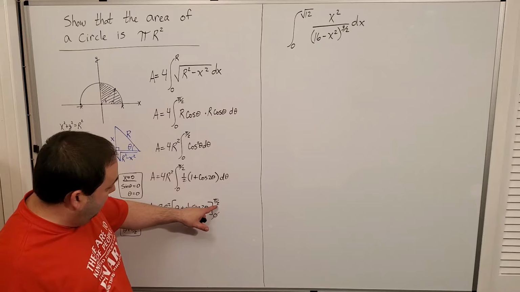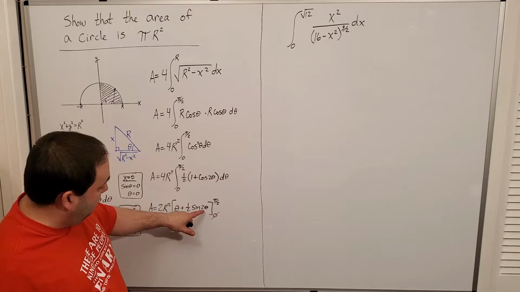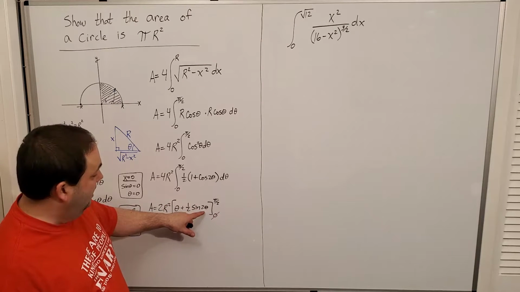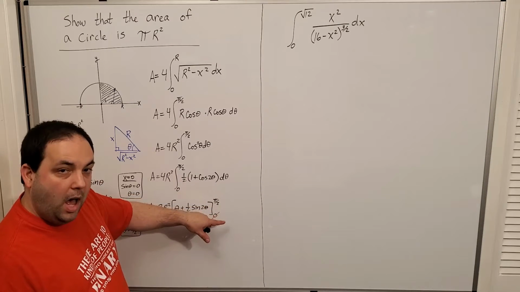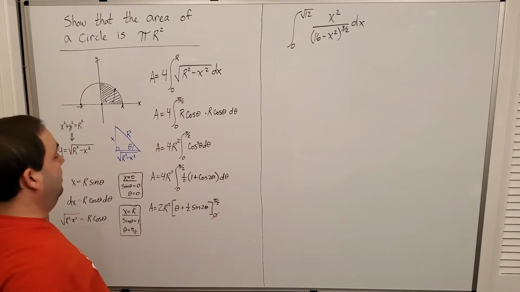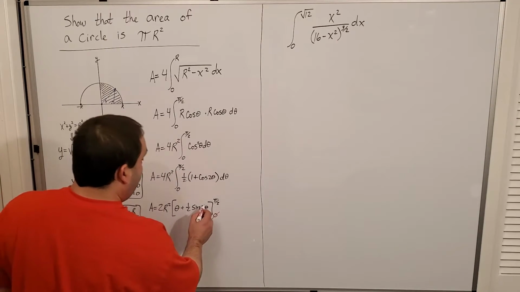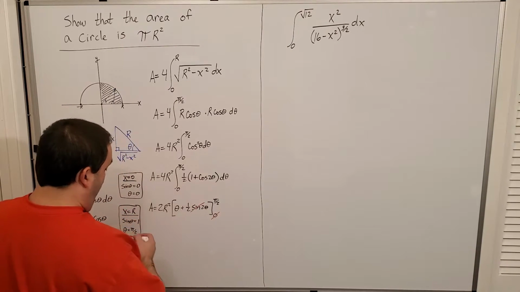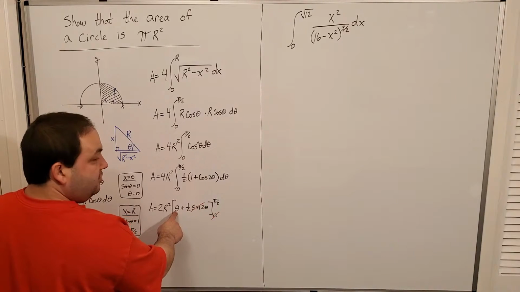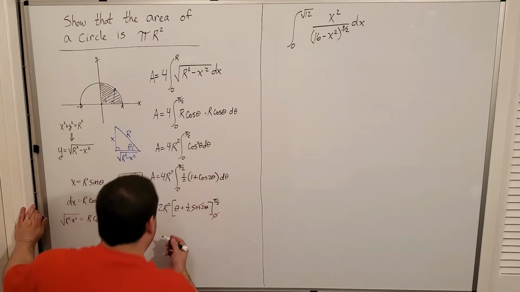Next, when I plug pi over 2 in here, notice I'll have 2 times pi over 2, which is pi, which will give me sine of pi, which is also 0. So this particular piece completely zeroed out. All that's left is to plug pi over 2 into the theta.